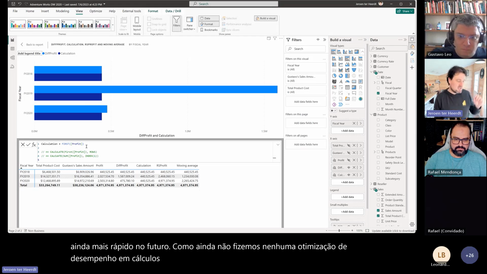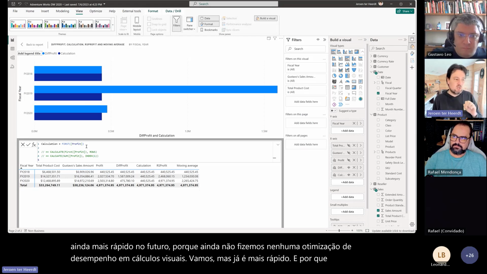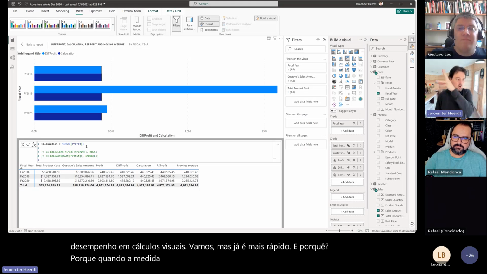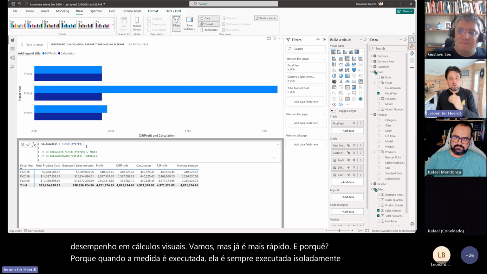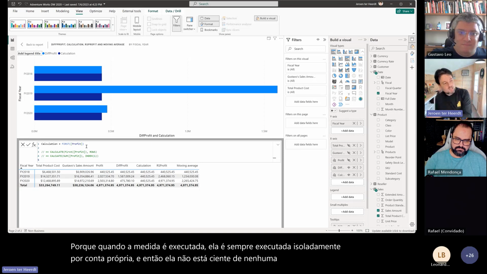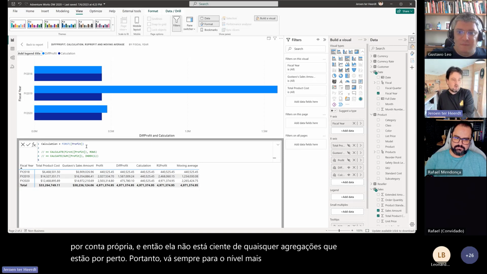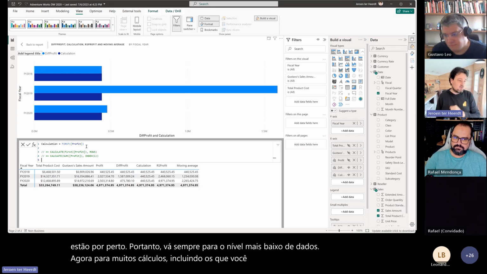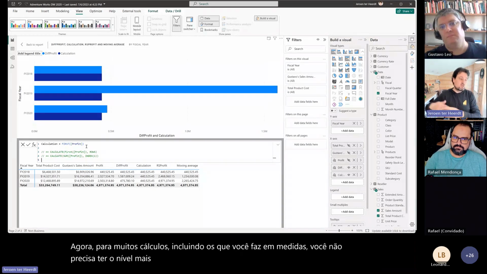And why is that? Because when a measure is executed, it's always executed in isolation on its own. It isn't aware of any aggregations that are around, so it will always go to the lowest level of data. Now, for many calculations, you don't have to have the lowest level of data. You can just use an aggregated level.